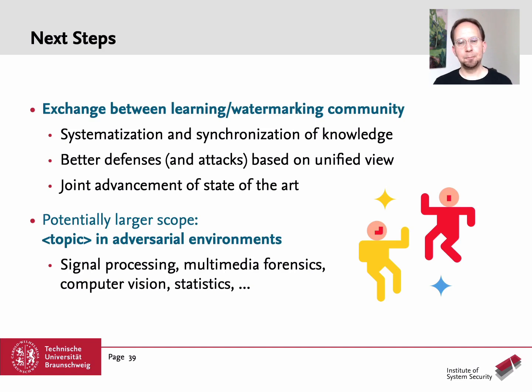There's more. First of all, my feeling is that if you find these things and you say, oh, cool, typically there's more. This is just the tip of the iceberg. And I would expect that we do more and more analysis of adversarial environments in watermarking, in learning, but also in other areas like signal processing, multimedia forensics, vision, statistics, robotics, and so forth.